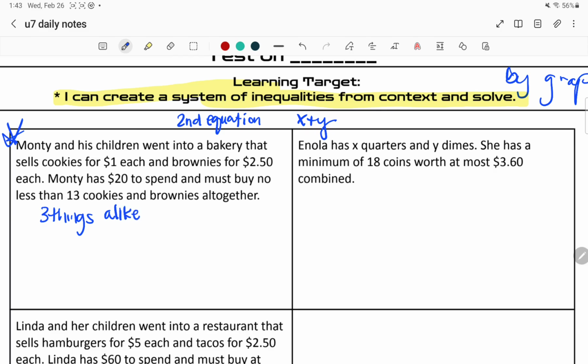And I'm going to keep like things together. So, let's start even further from the top. We're going to say x is cookies and y is brownies. Okay, and I see three things, money, money, money, that are alike.